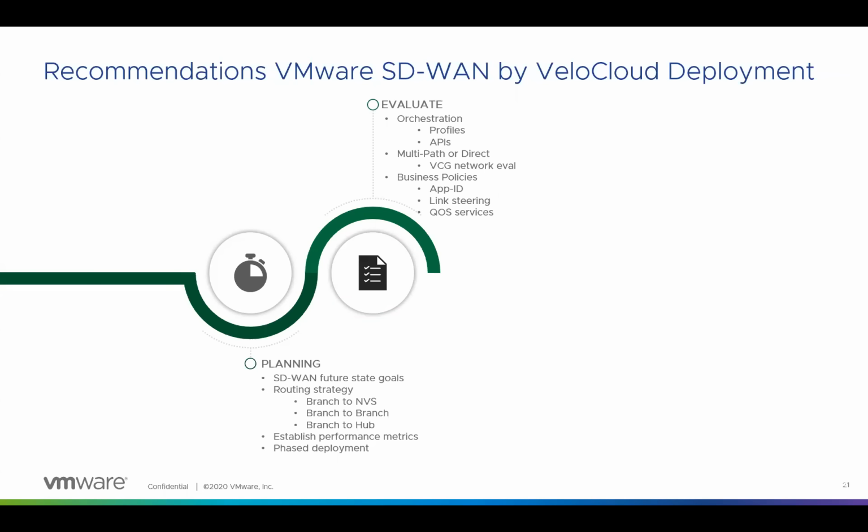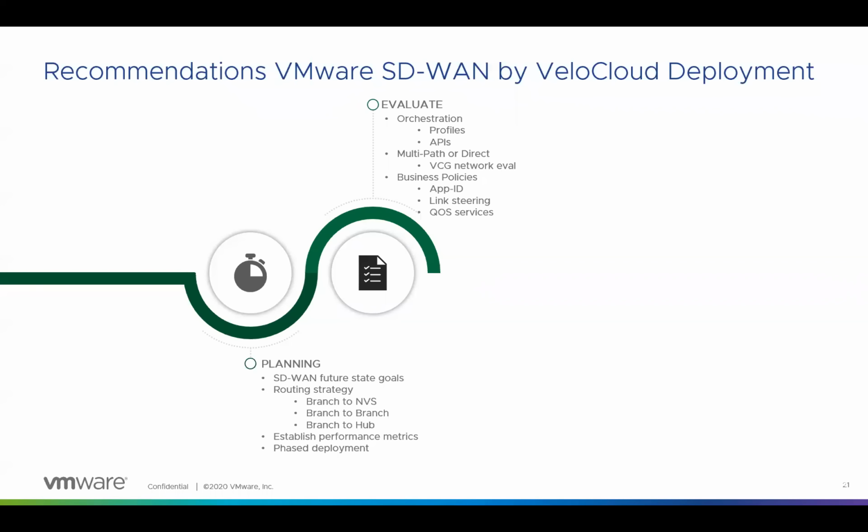With the evaluation phase, it's really important with any new solution to just test. We have a couple of components here that we really focused on, and one of them was the orchestrator. We traditionally had individual managed routers, so this was a new opportunity for us to centralize our configuration, test the use of profiles, and test the consistency and the value that it can bring.